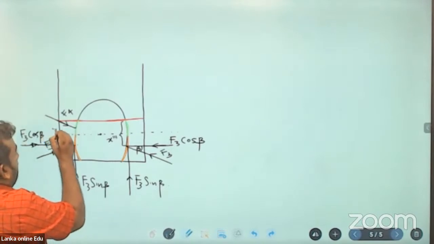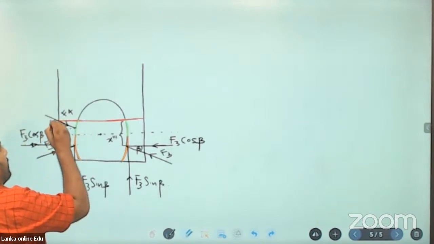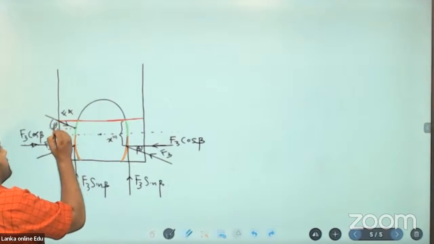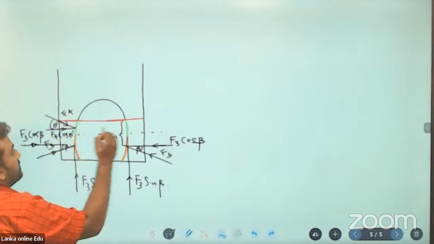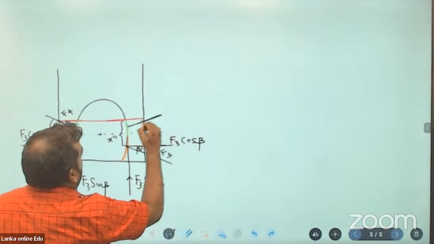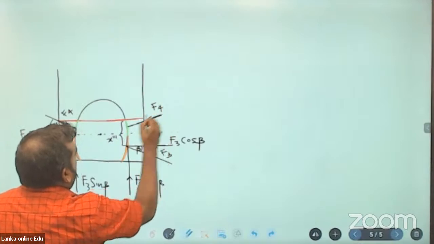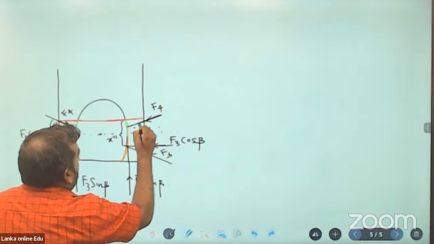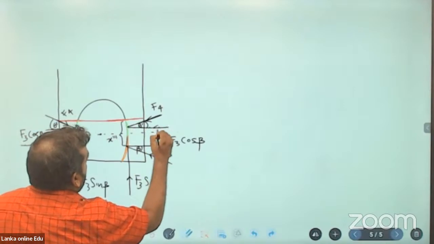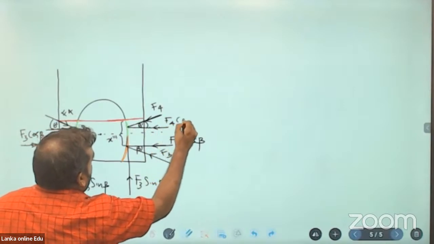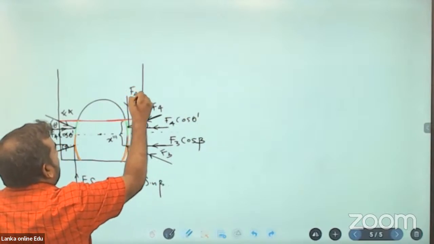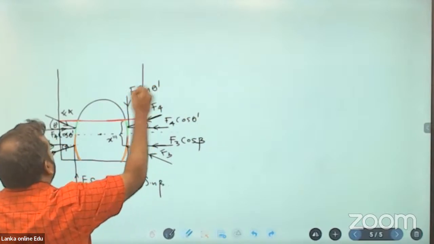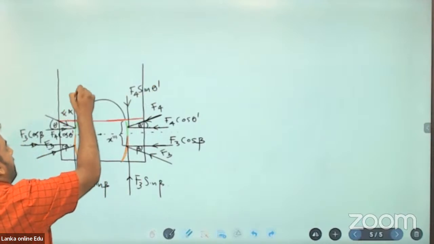Again with the horizontal, if I take theta dash, here it's going to be F4 cos theta dash. Same way here, F4 cos theta dash, and F4 sin theta dash.